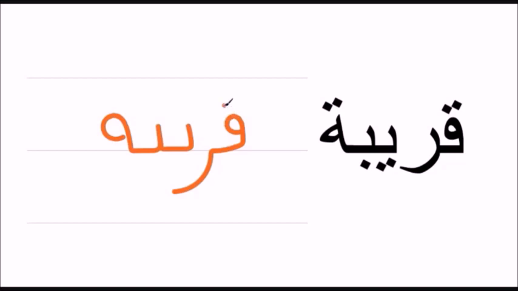Qaf takes two dots, which become a line above the letter. Ya has a short line below the letter, a dot below also for ba, and finally the two dots above the ta marbuta, which also become a short line. And here we have the word qaribe.